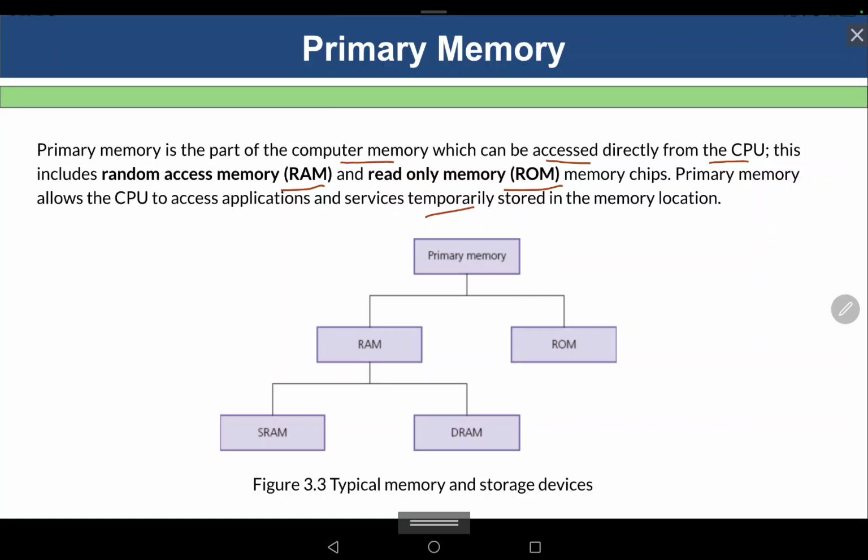Primary storage is fast storage, and it is where your active applications and data are temporarily kept while you are using them. Examples of primary storage are RAM and ROM. Examples of RAM are static RAM and dynamic RAM.